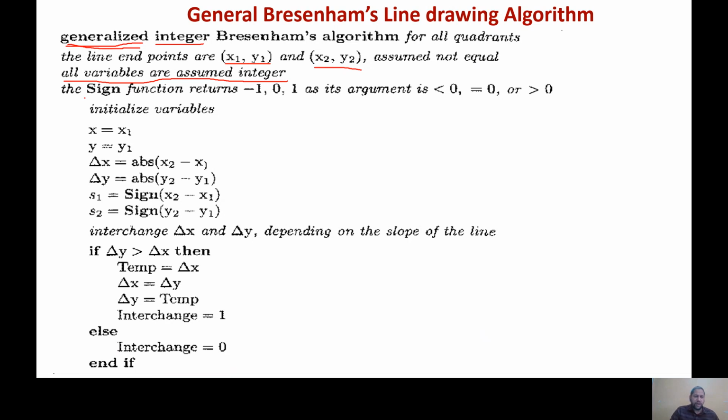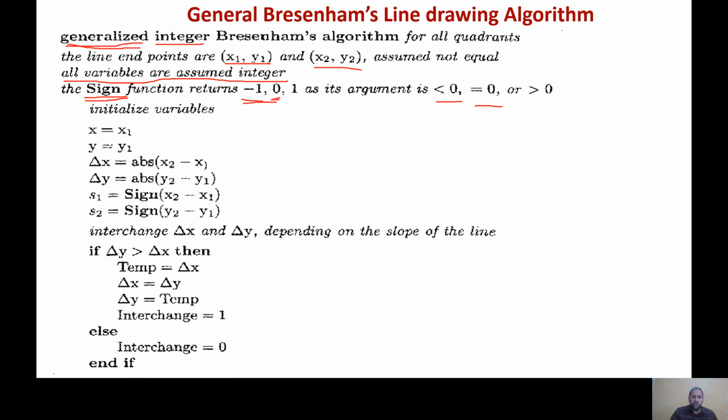Then we have the sign function, and this sign function is going to return me the value -1 if the value passed to this function is less than 0. So if it is negative or less than 0, it will return -1. It indicates that I have to decrement the value by 1. If it is equal to 0, it returns 0.